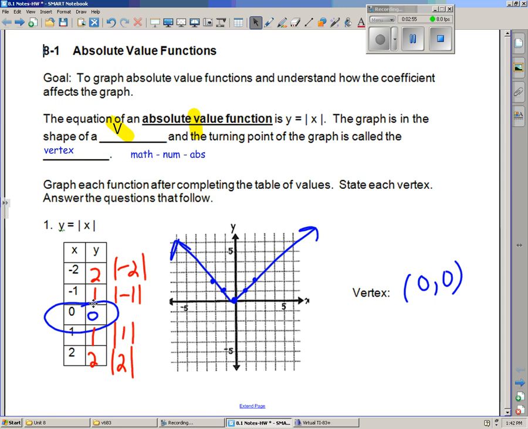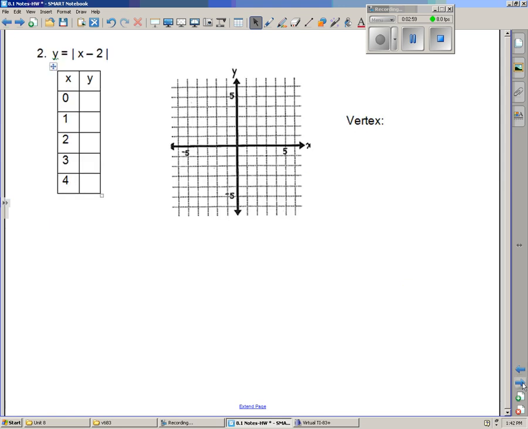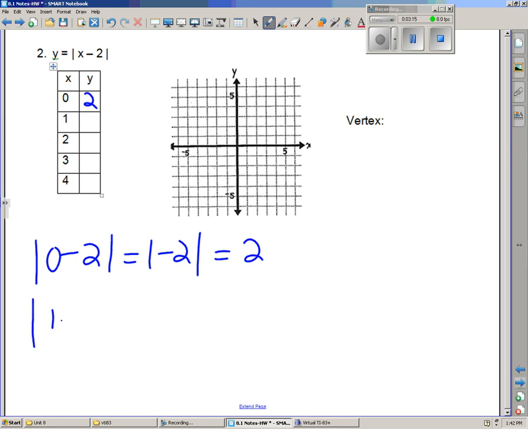So let's see what happens when we now put some value inside the absolute value, the absolute value of x minus 2. So if I plug in 0 minus 2, which is -2, out of the absolute value comes a +2. If I take x to be 1 and I do 1 minus 2 inside the absolute value, that's the absolute value of -1, which is 1.